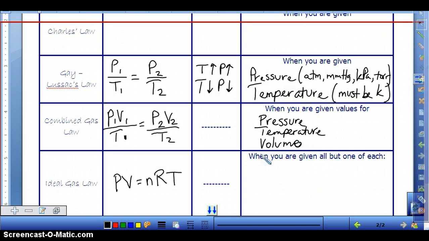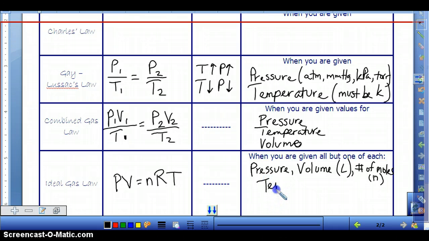So you've got pressure, volume, and in this case you usually want your volume to be in liters, so go ahead and write that with an L. You've got number of moles, which is N, and you've got temperature, in Kelvin.